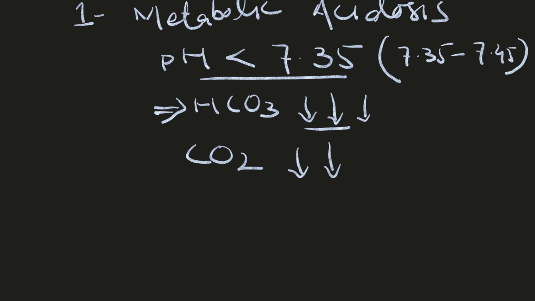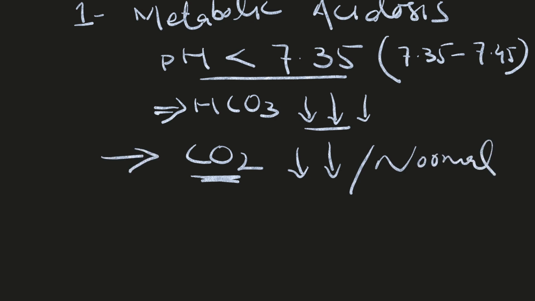As a result, the CO2, which is acidic in nature, tries to drop down to keep the body in the state of equilibrium. Well, it can either be normal as well, because this is the component that will take the body towards the equilibrium state. It depends on whether the body has achieved the equilibrium as of now or not.